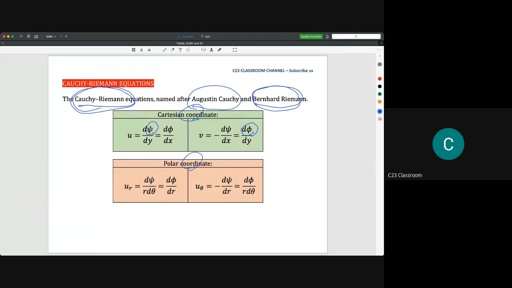The most important thing here is that you need to remember the Cauchy-Riemann equations, because all the derivation is based on them. So we have u equal to d psi over dy equal to d phi over dx, and v is negative d psi over dx equal to d phi over dy. The polar coordinate form is shown like this. Please bear in mind that the negative only occurs at negative d psi over dx and negative d psi over dr only.